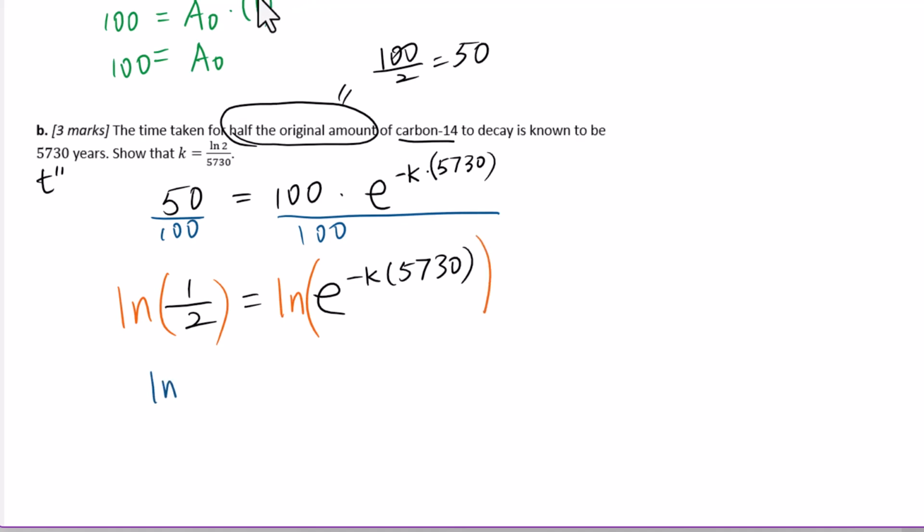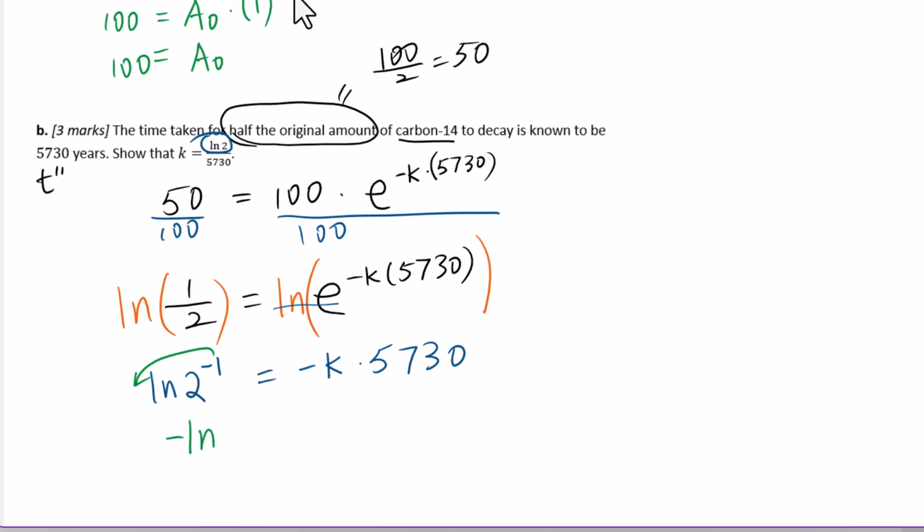Natural log of 1/2 we will change into 2 to the negative first power, because we need natural log of 2. Equals negative k times 5,730. Negative 1 drop down.